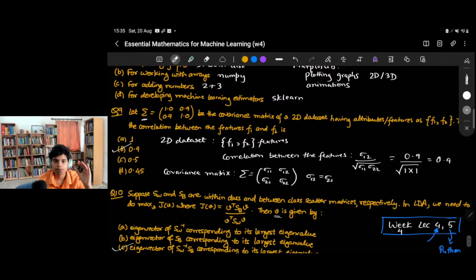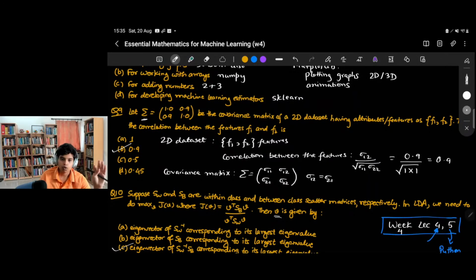So this week has primarily focused on implementing them in Python. So you have two lectures in this week wherein you see how things are implemented in Python, what kind of code you would write to run both the PCA, the principal component analysis, and the LDA, the linear discriminant analysis.